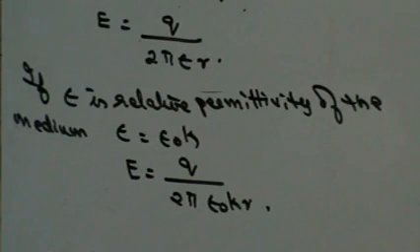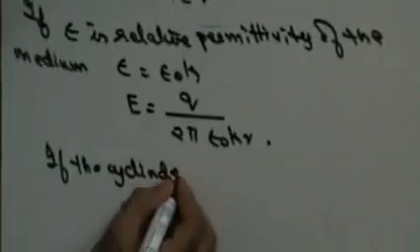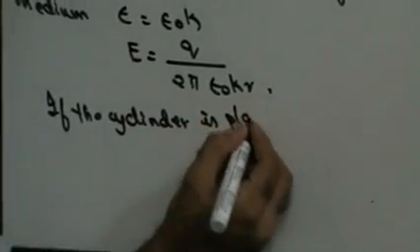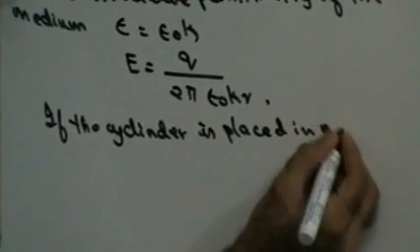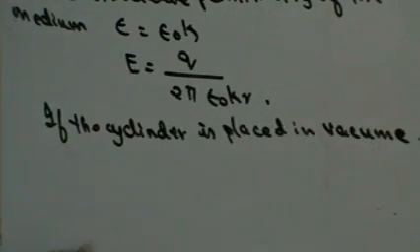Now, if the cylinder is placed in vacuum, then K will be equal to 1.